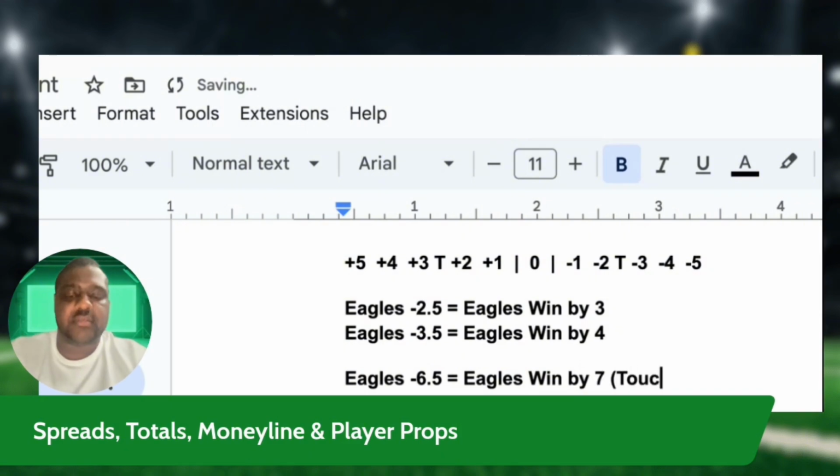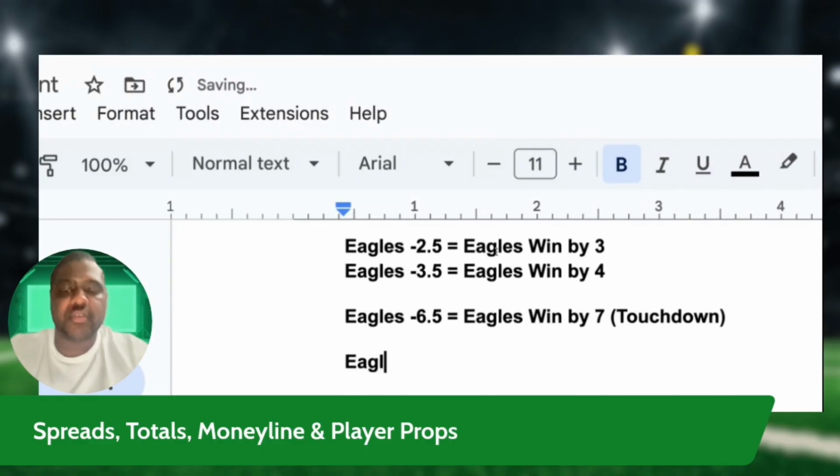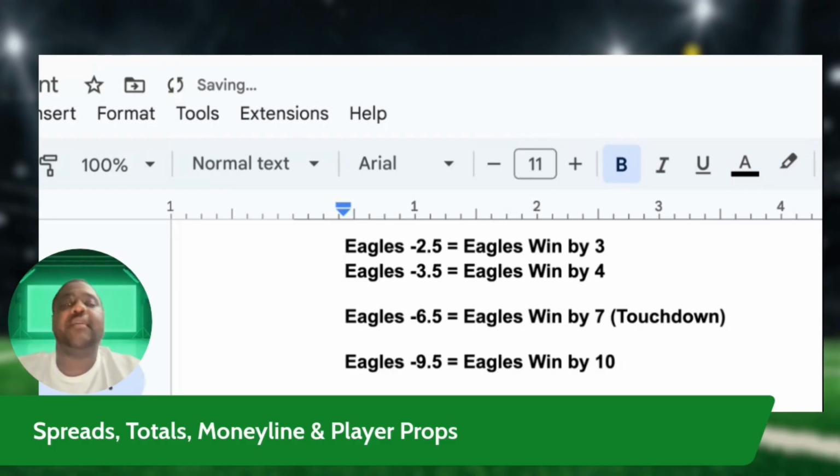A touchdown. That means they win by a touchdown. Let's do another one. Let me scroll down. Eagles minus 9.5, right? Means the Eagles win by 10. That's all that means, people.